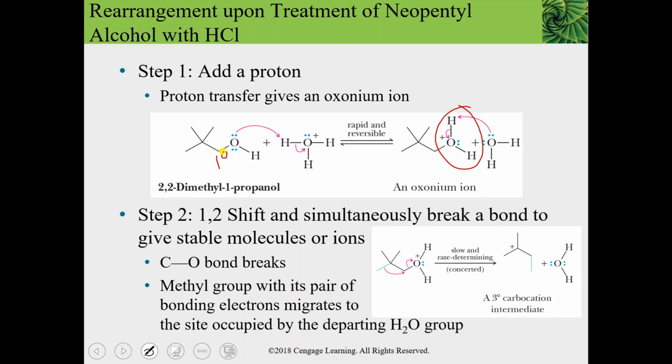The carbon right next to it, to its left, is a tertiary carbon. Seriously? We got a carbon that's attached to 1, 2, 3 carbons. So we're comparing a primary to a tertiary. As soon as that hydroxide group comes off, we now have a carbocation intermediate on the primary carbon.